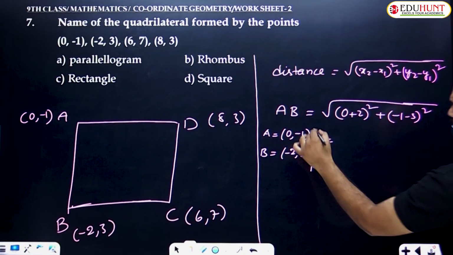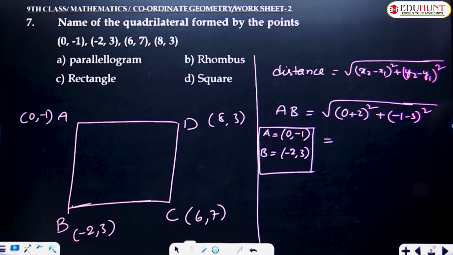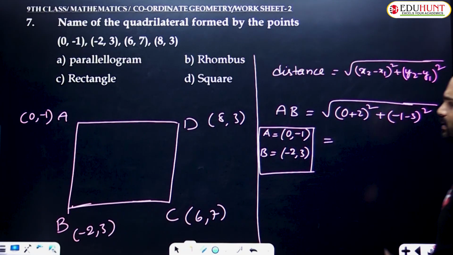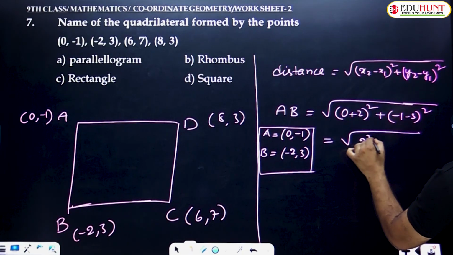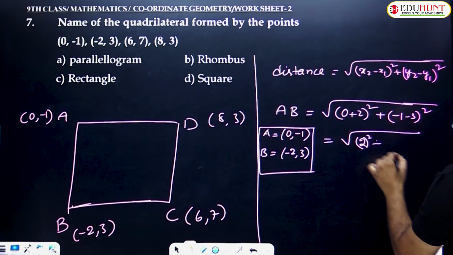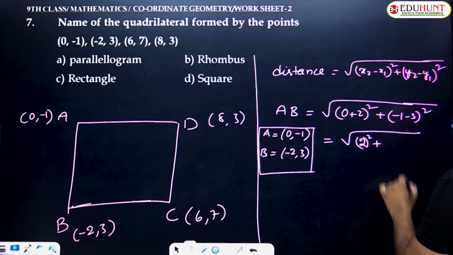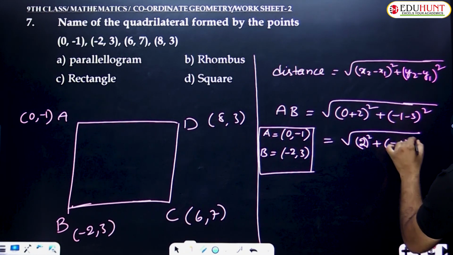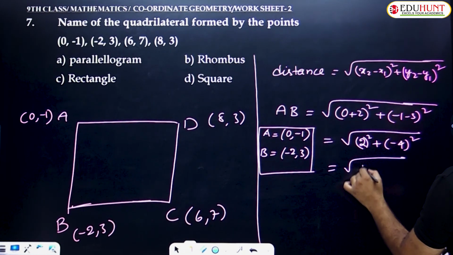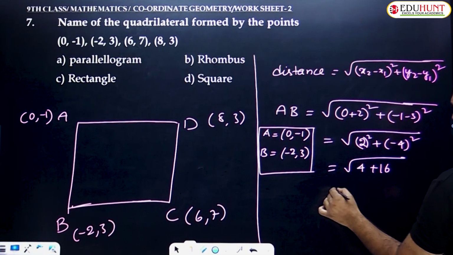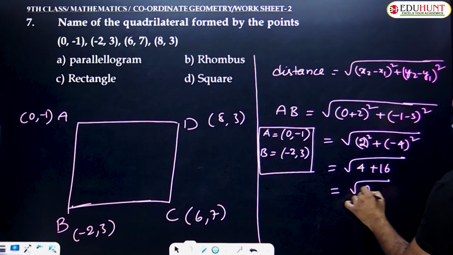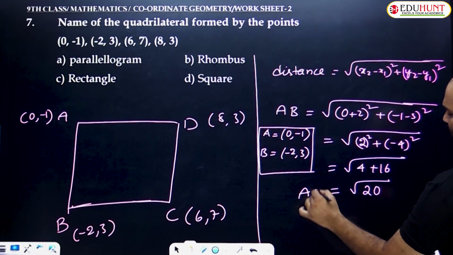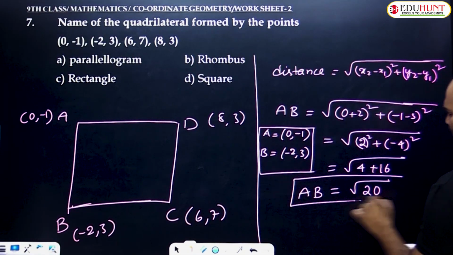Therefore AB equals square root of (0 plus 2) 2 square plus (-1 minus 3) -4 whole square. 2 square is 4, and -4 whole square gives positive 16. Total 20, square root of 20. So AB distance equals square root of 20.